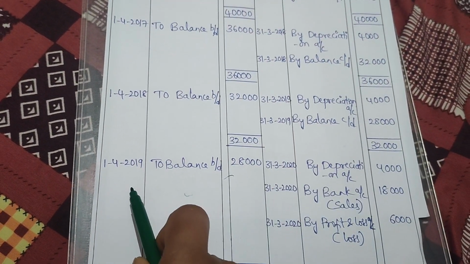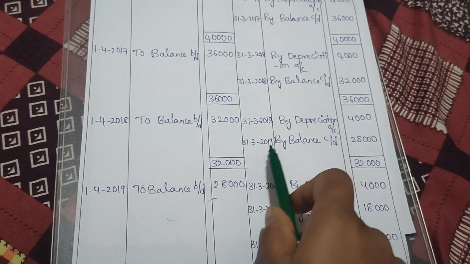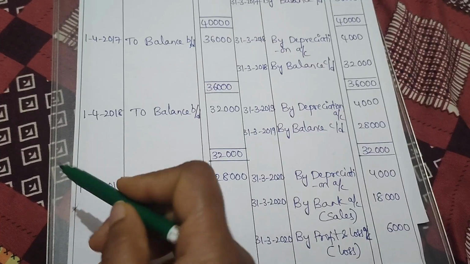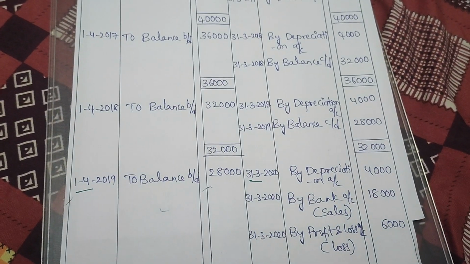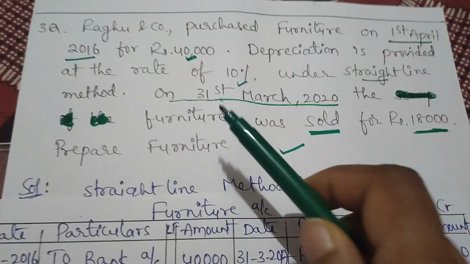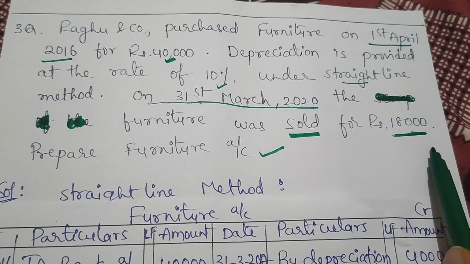The same balance carried down, on the opposite side we write to balance brought down, next date, 28,000. And here the opening date is 1st April 2019, closing date is 31st March 2020. On 31st March 2020, something happened in the question. The furniture was sold for 18,000.